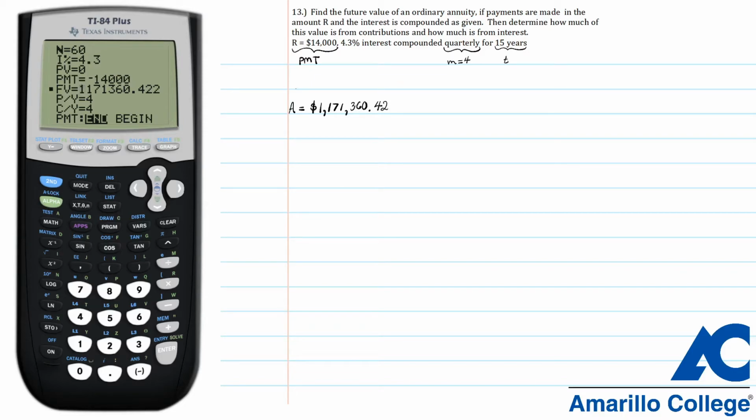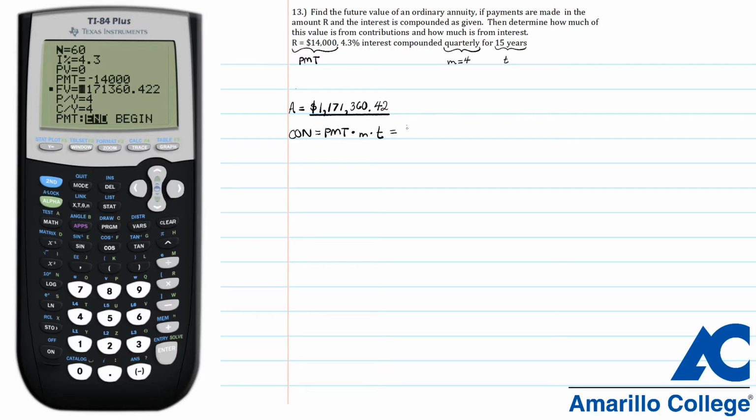The question also asks how much of this is from our own contributions and how much of this is from interest. So I'm going to underline this number because it's important, and then we'll say our own contributions, which I'll just say con, doesn't really matter what we call them. Our own contributions can be measured by taking the payment amount, multiplying it by the frequency amount, and multiplying it by the time of the loan.